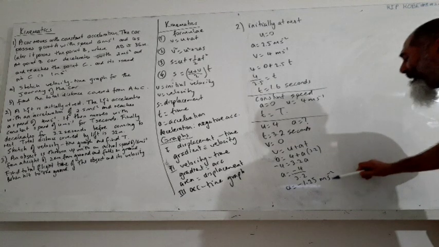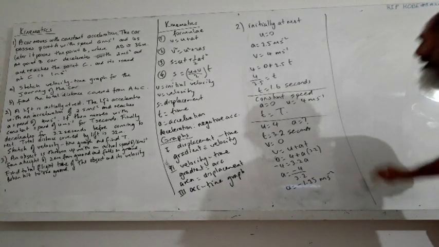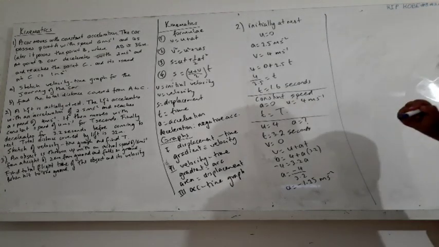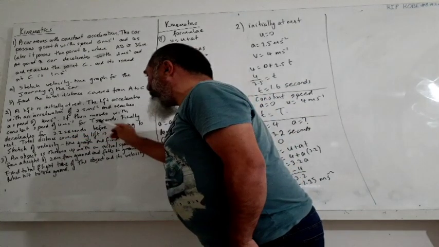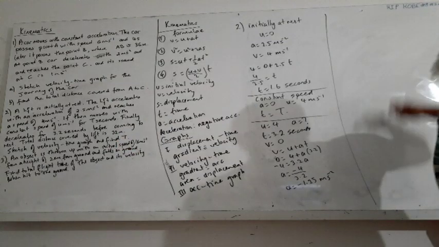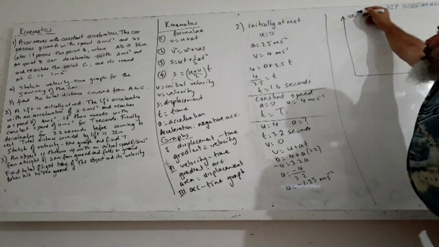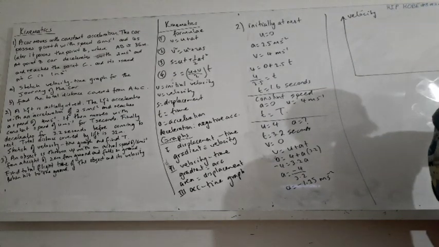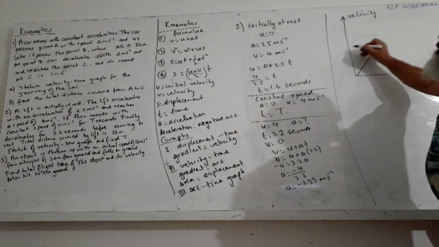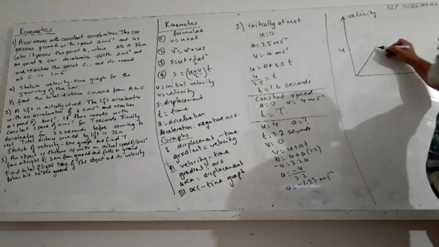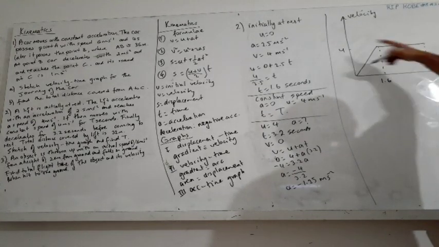And let's continue reading the question and answer. The total distance covered by the lift is 32 meters. Let's have a velocity time graph for the journey of the lift. It was 0, comes to 4 in 1.6 seconds. Carry on with that 4 meters per second for t seconds.